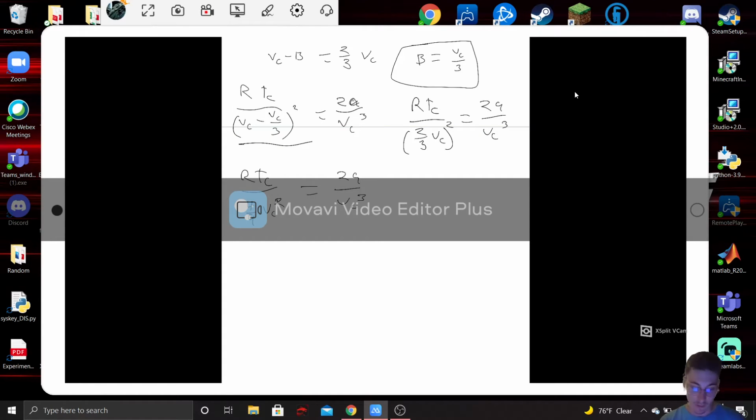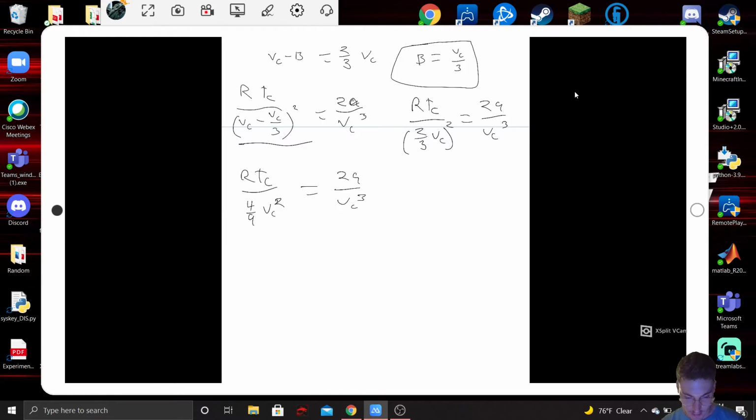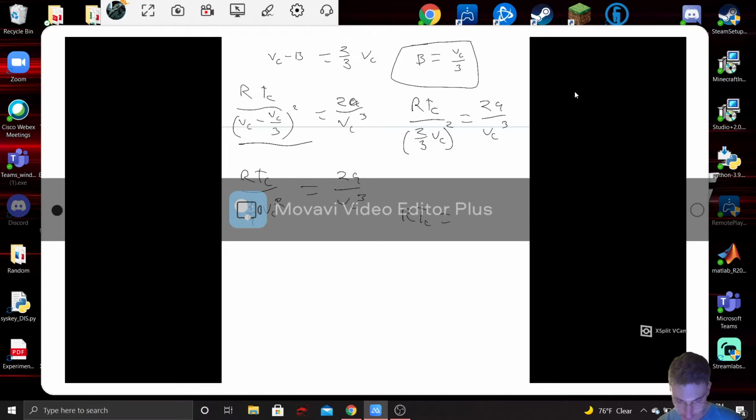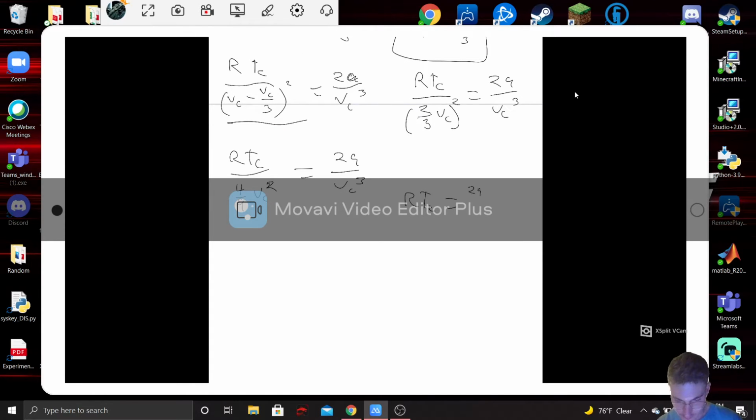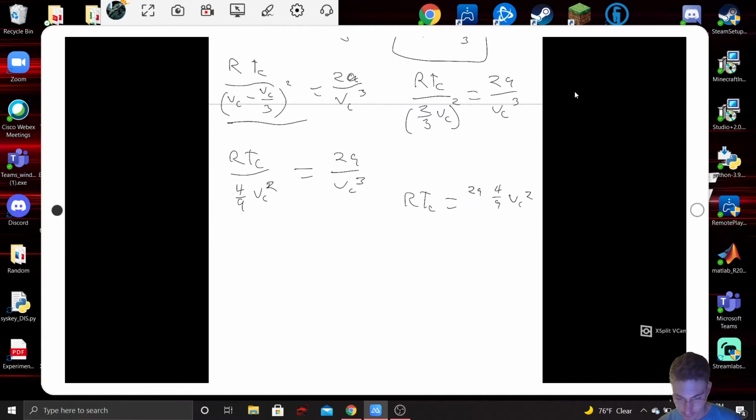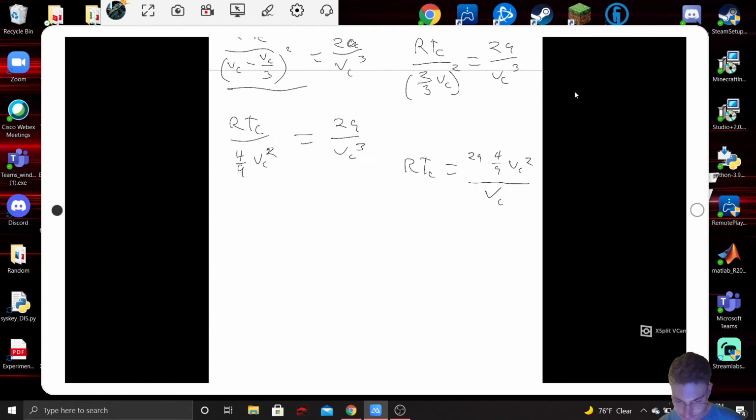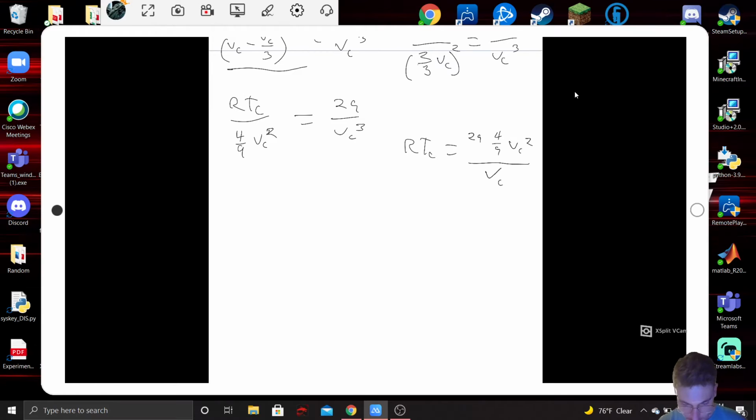And then from here, we can actually solve for A. So if we take this side and put it over there, then RTC equals 2A times 4/9 VC squared over VC. And then, so we'll rewrite it down here.